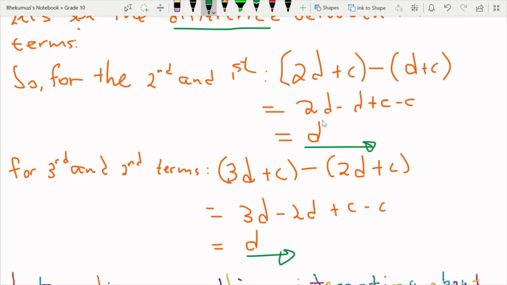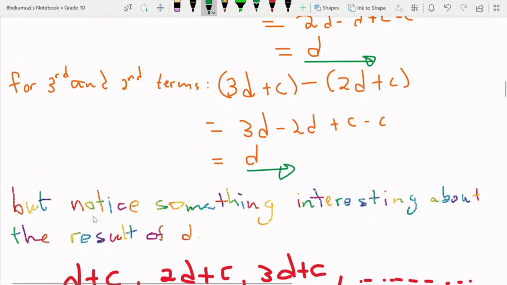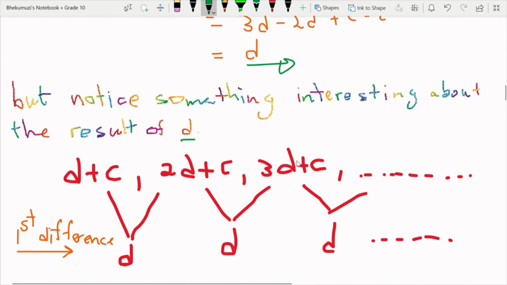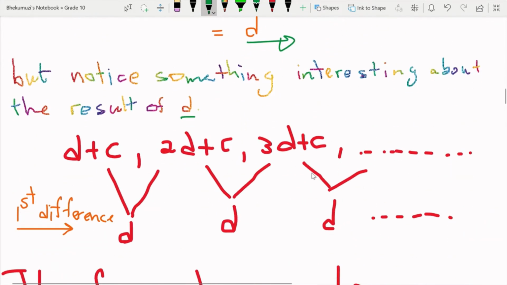What is interesting about this result, that it's giving you d, is that for all the successive terms, each time you take this one and subtract the one before it. You take 4d plus c and subtract 3d plus c, and so on.